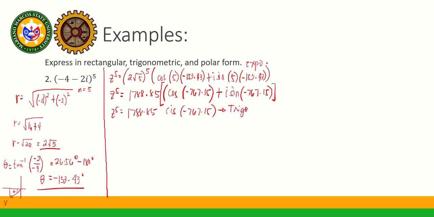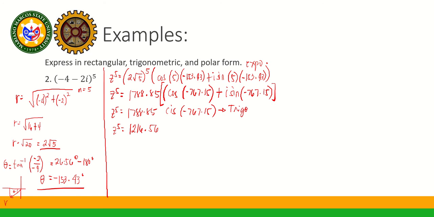Sa rectangular form naman, so 1788.85 times cosine negative 767.15 degrees is equal to 1216.57. So, z raised to 5 is equal to 1216.56 minus, or I should say, mamaya na lang. Hindi pa natin alam yung sign. So, 1788 times sine negative 767.15.